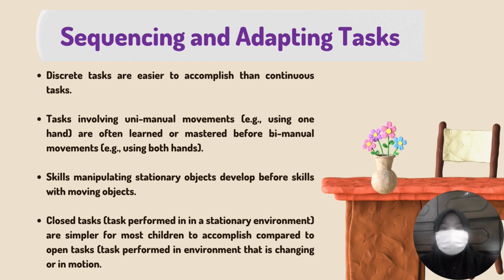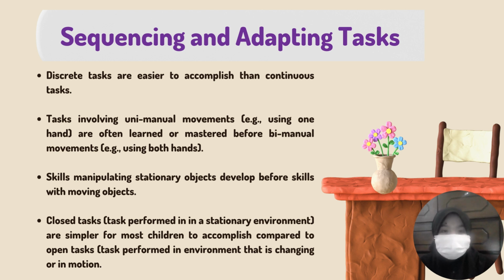The first one is that discrete tasks are easier to accomplish compared to continuous tasks. When we have a complex movement or complex activity to do, it's easier to break down the task step by step instead of giving a whole complex movement for the child to learn, as it might be too complex for them to understand, and they might be overwhelmed by the hard task itself.